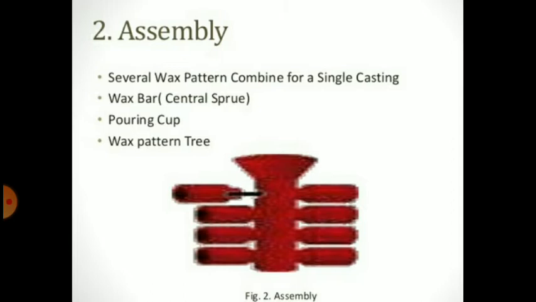It is done to get a good surface finish of the final object. After the primary coating has dried sufficiently, the final layer of coarser and less expensive slurry is applied.